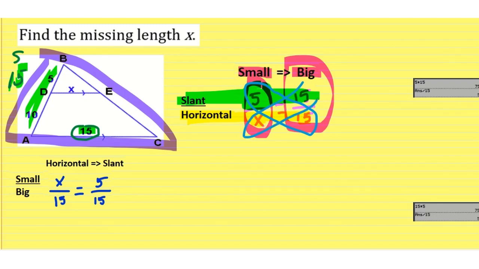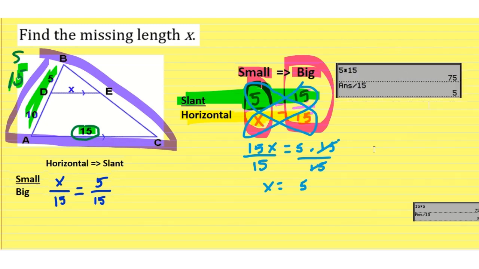So when I cross multiply, I end up with 15x equal to 5 times 15, and then I'm going to divide out 15 on both sides. And so x will be equal to 5, because of course this 15 and this 15 will cancel. And of course, it is also confirmed by our calculator. 5 is the answer, so the x will be equal to 5.